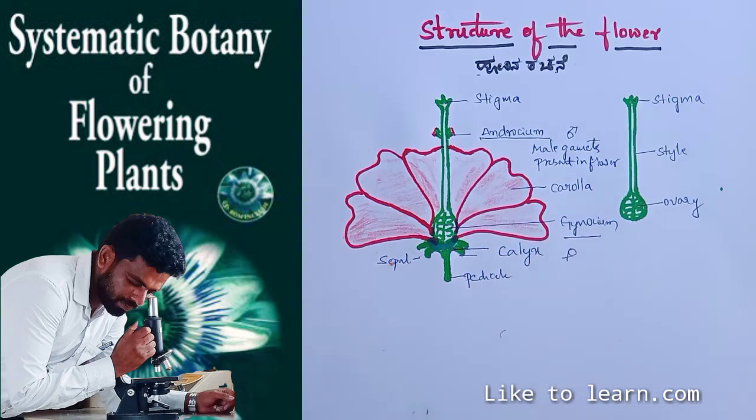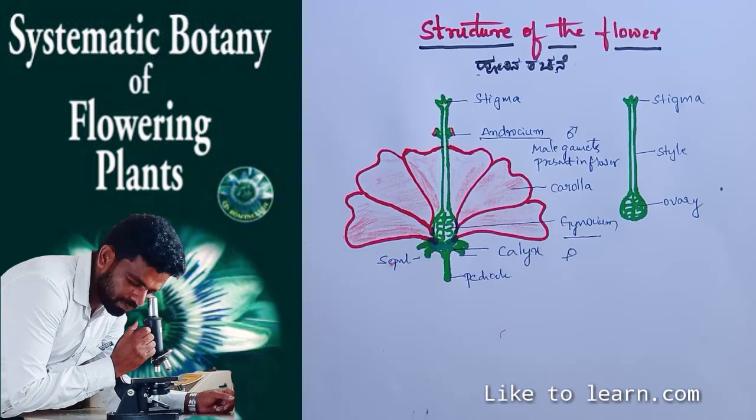Next, androecium. It is the third whorl of a flower. It is composed of male reproductive structures called stamens. Stamens produce pollen grains.